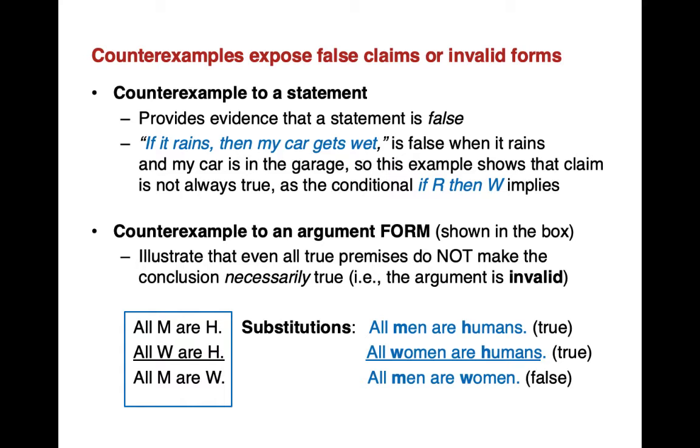In this case, let's look at the argument symbolized, where we've got this abstract pattern first, and then we'll look at its instance. All M are H, all W are H, therefore all M are W. The reason we use this test is that it isn't easy, and we shouldn't trust ourselves when we think we can just see whether an argument's valid or not.